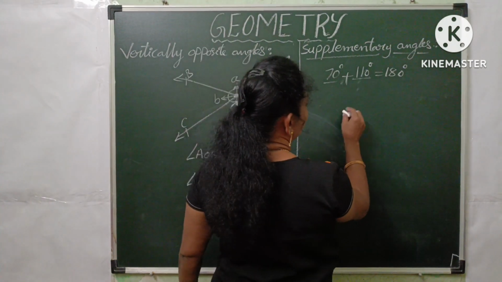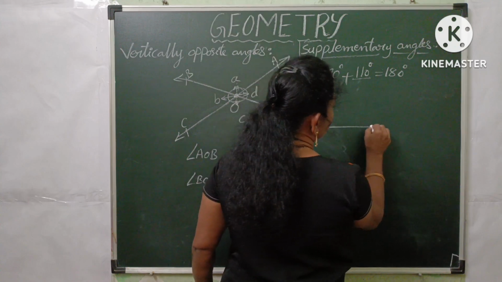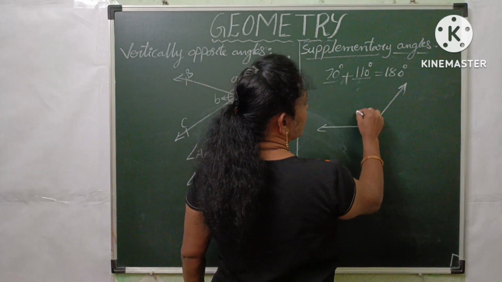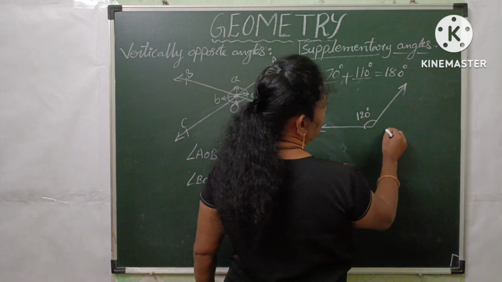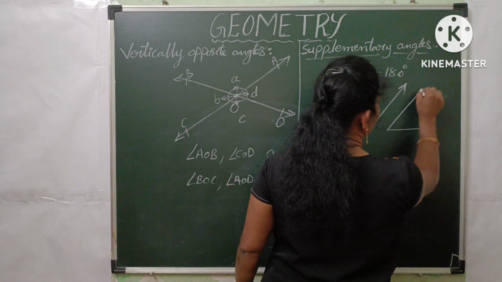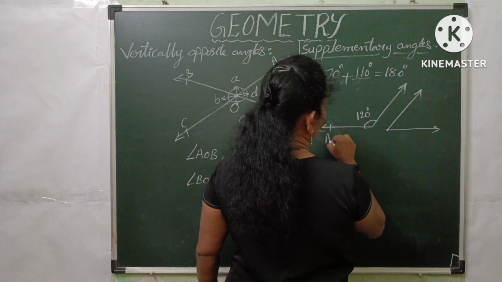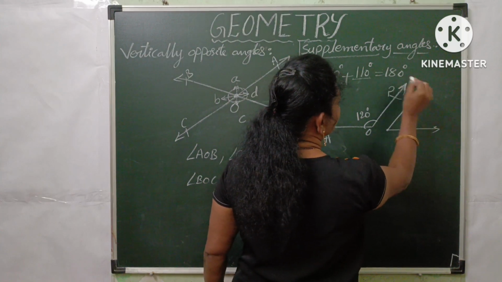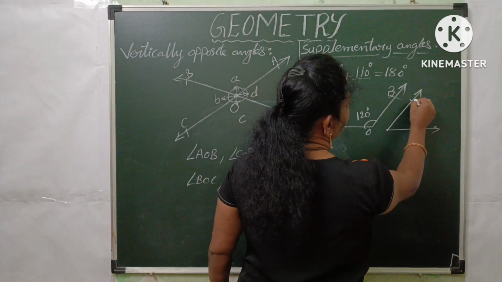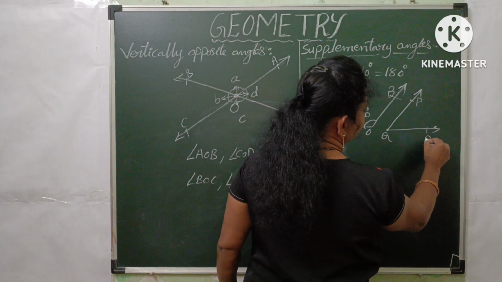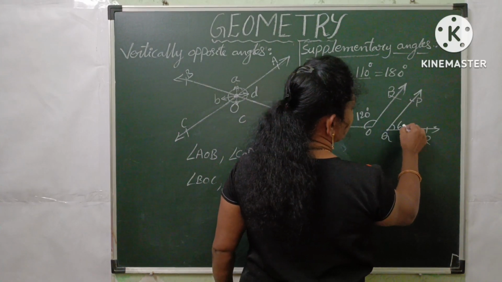Suppose with the figures also you can see. Here one angle AOB is 120 degrees and the other angle PQR is 60 degrees.